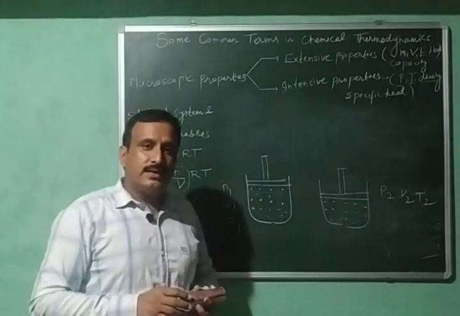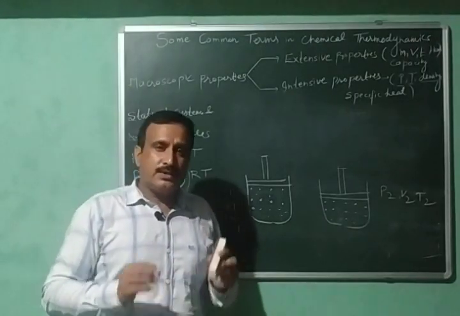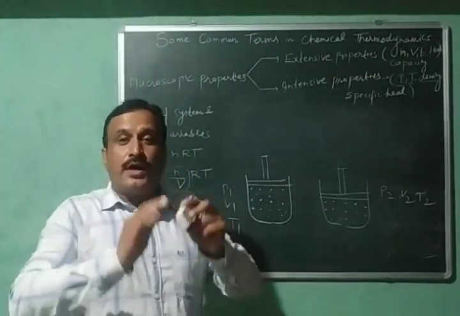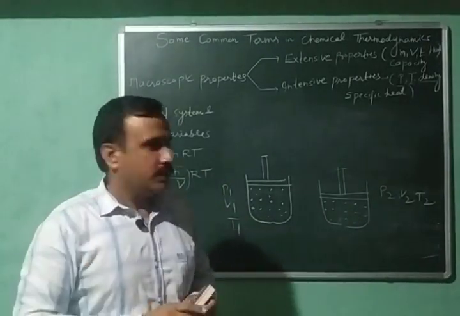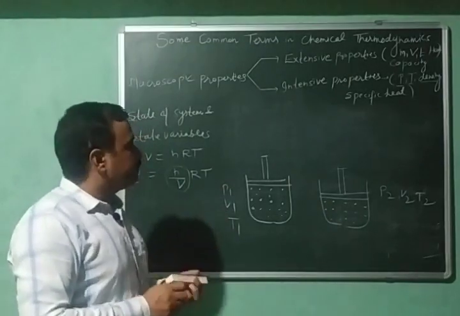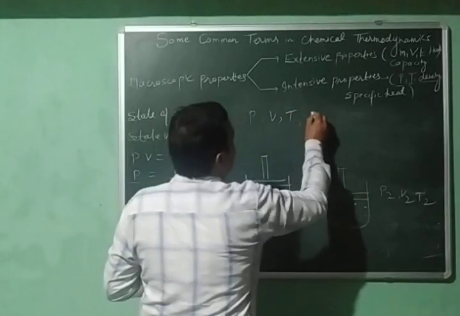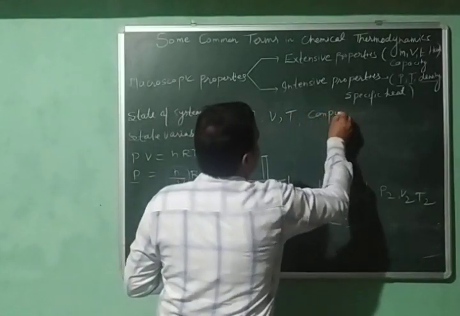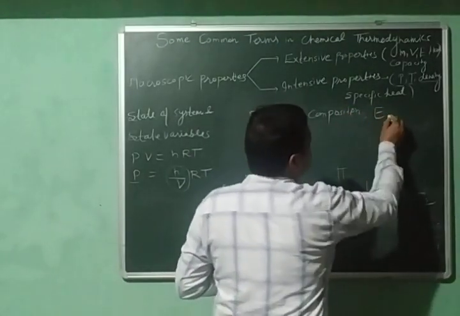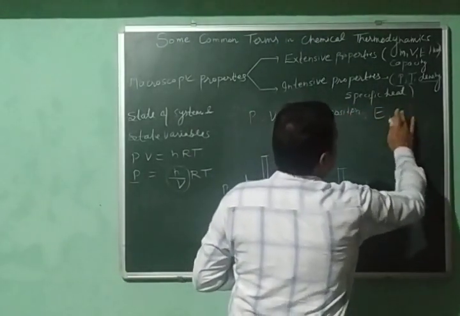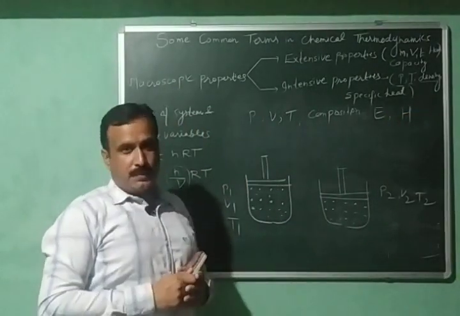What I want to add here is that in order to define the state of a system, it is not necessary to define all the variables. We can have more variables: pressure, volume, temperature, composition, internal energy, enthalpy. They all are state variables.